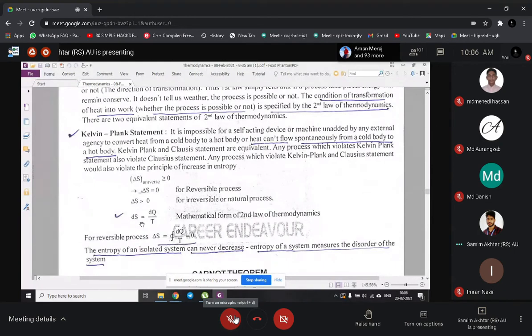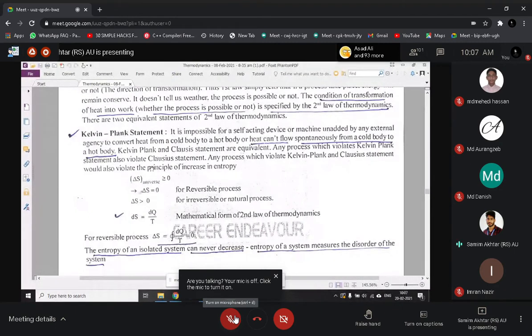So what is the meaning of delta S universe greater than or equal to zero? Entropy is the disorderliness of the system. Entropy measures the disorder of the system. So the entropy of the universe always increases or remains the same.